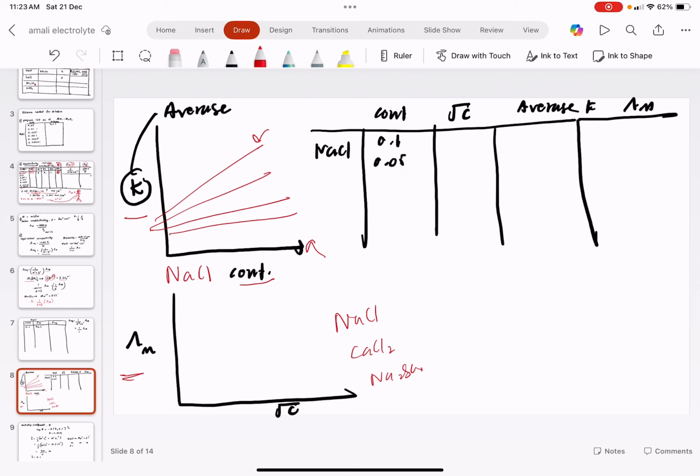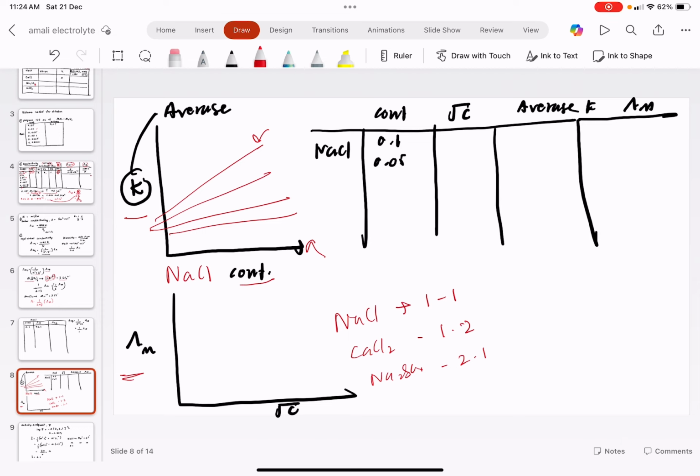So next, you need to discuss how you can see the difference when we have different types of electrolyte. You know that NaCl is a 1,1 electrolyte, this one is a 1,2 electrolyte, and this one is a 2,1 electrolyte. So what would be the trend for the conductivity when you have 1,1, 1,2, 2,1?